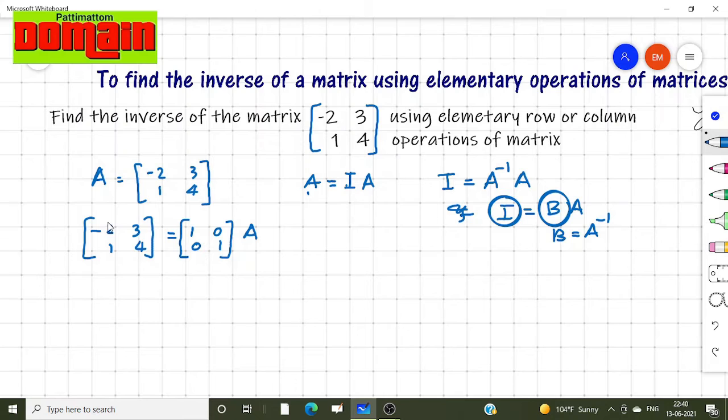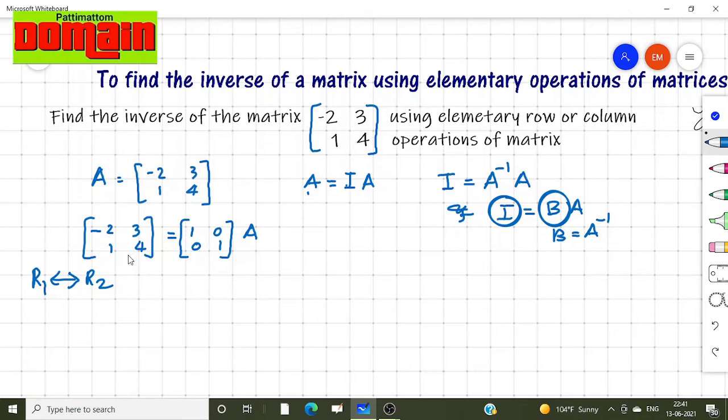Converting this -2 to 1 is very easy when we look at R2. R1 and R2 we just interchange. That is an elementary operation allowed for a matrix. When we interchange R1 and R2 on the left side, on the right side also we should do the same thing.